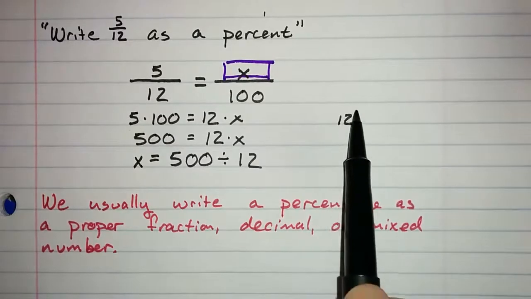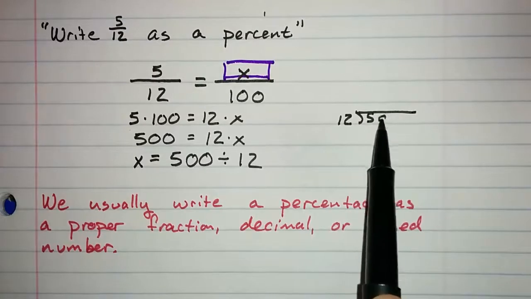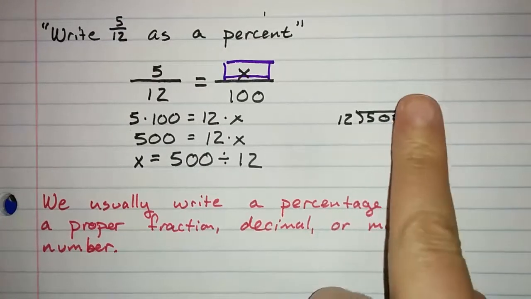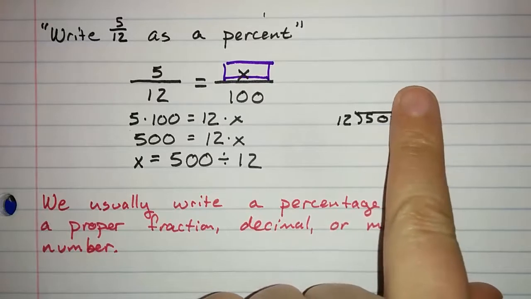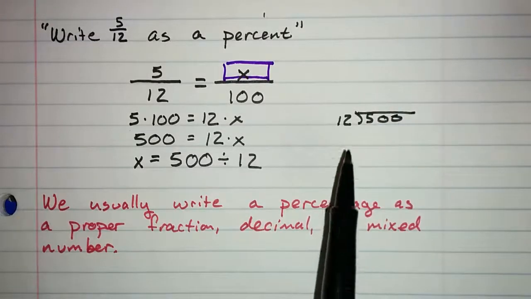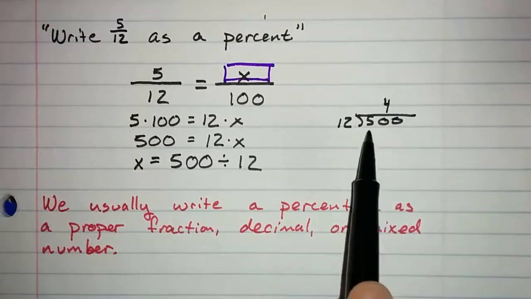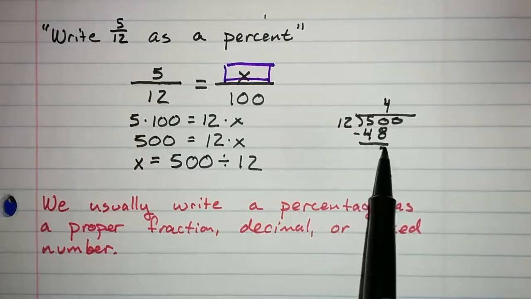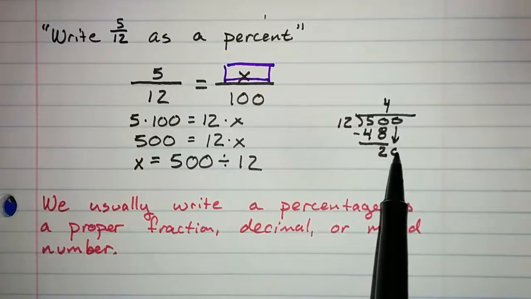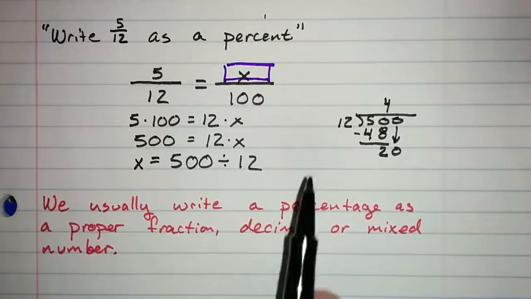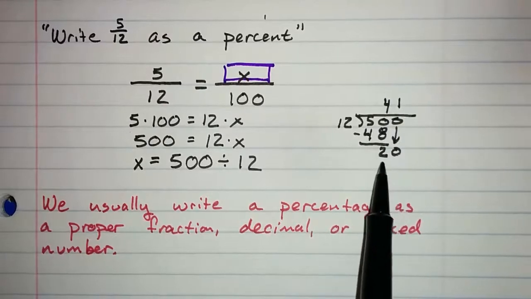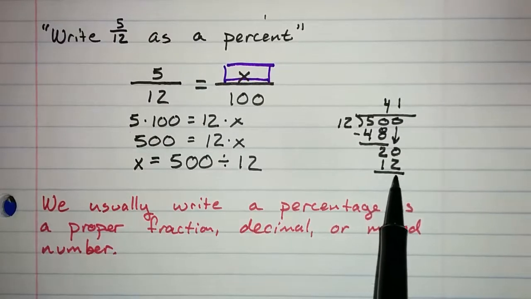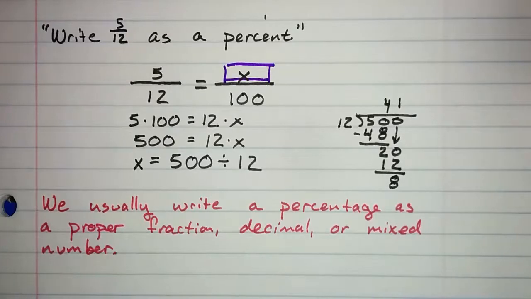Let's see. 12 goes into 500. Doesn't go into 5. Goes into 50, I think 4 times, because I think 4 times 12 is 48. Subtract, 2 left, bring down the 0. 12 goes into 20 once. 8 left. Now I could keep going and get a decimal, but I'd rather be done doing division now.